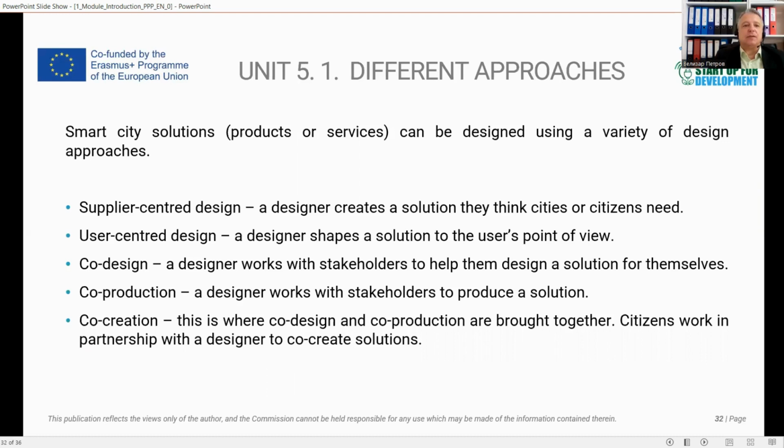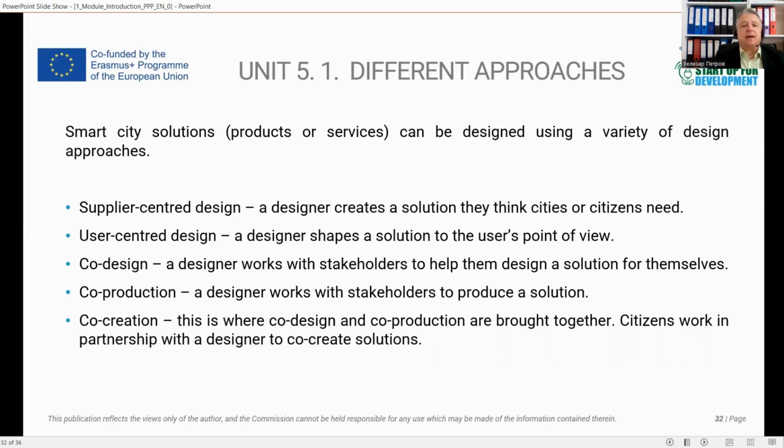Smart city solutions, products or services can be designed using a variety of design approaches. First could be supplier-centered design: a designer creates a solution they think the city or citizens need. The next, user-centered design: a designer shapes a solution to the user's point of view.